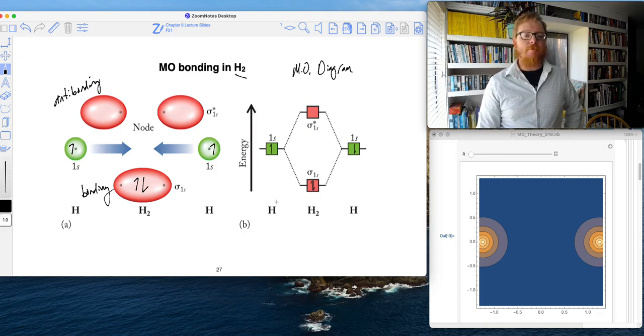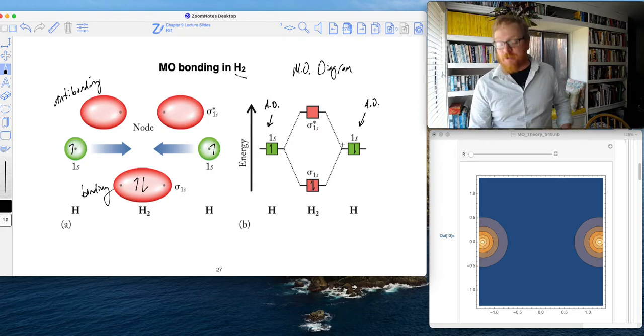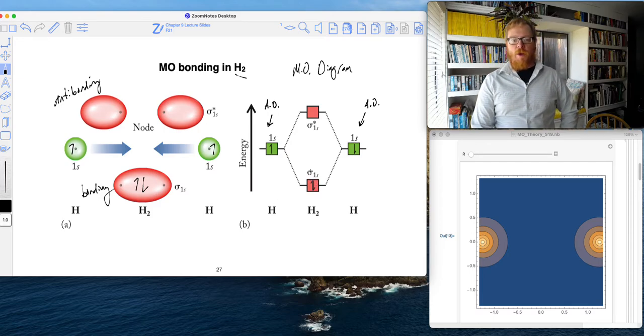As you can see on this energy diagram, the way that we draw these things, here we have our 1s AO, that's an atomic orbital, and those mix constructively to make what we call the sigma 1s bond.